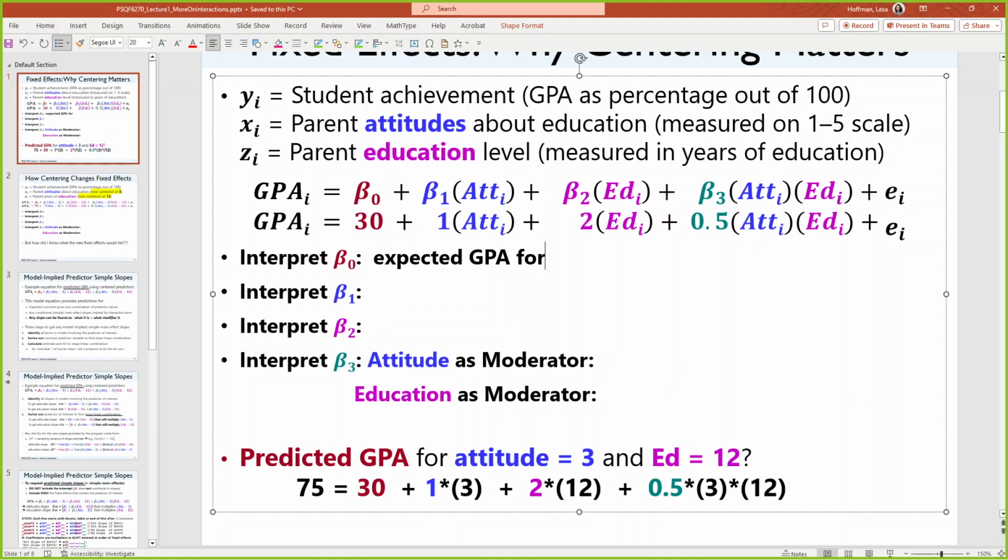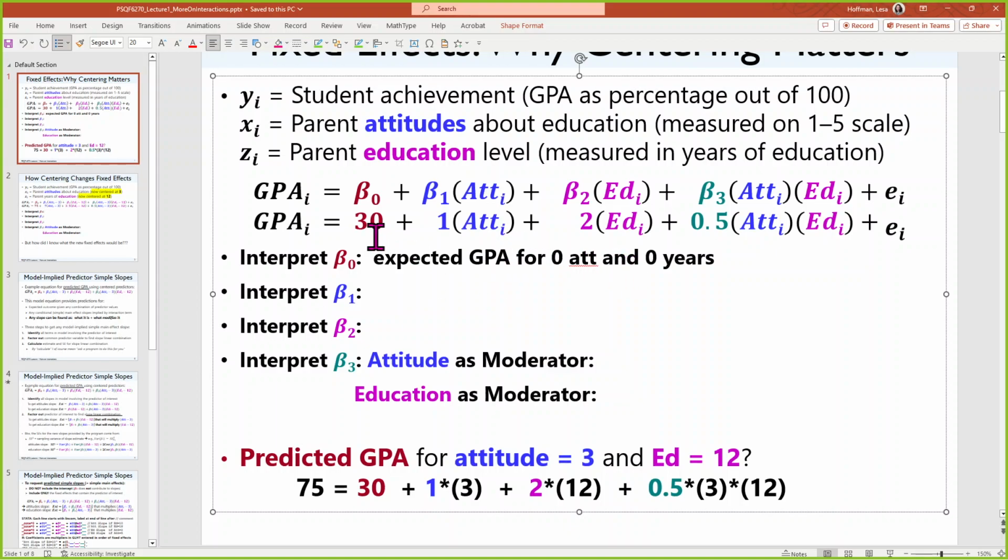What kind of person? Zero attitudes, which can't happen. That's not a choice. And 0 years of school. Could happen. Unlikely that a person who's never been to school is going to be in my research study, especially if it involves reading.